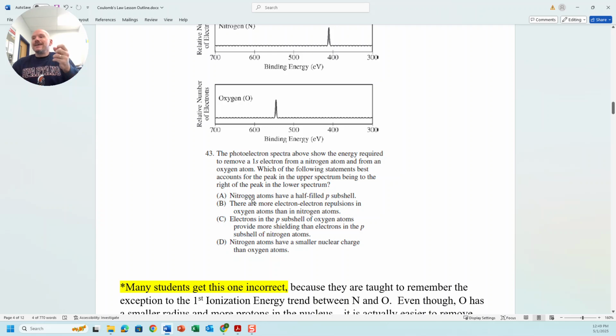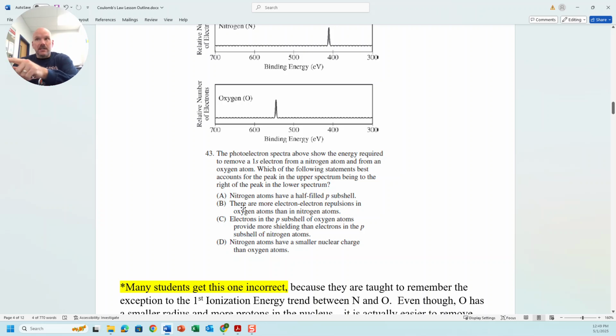So because oxygen has electrons paired up in its p sublevel, that adds electron-electron repulsions, which weakens the attractive force of the electron to the nucleus, so it's actually easier to remove.